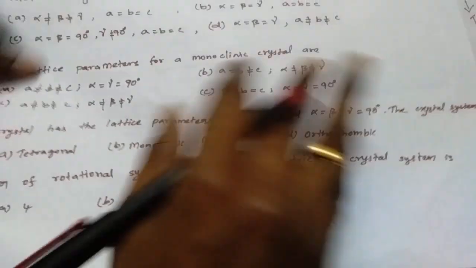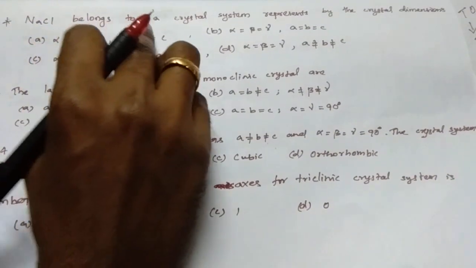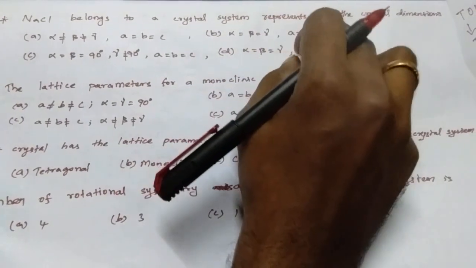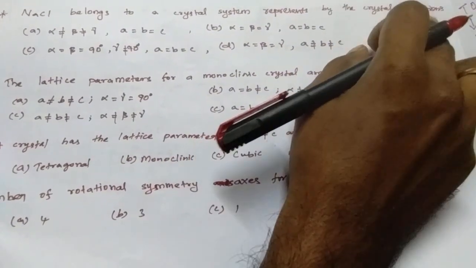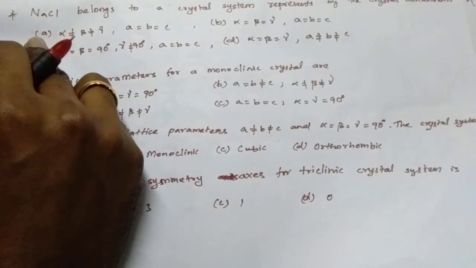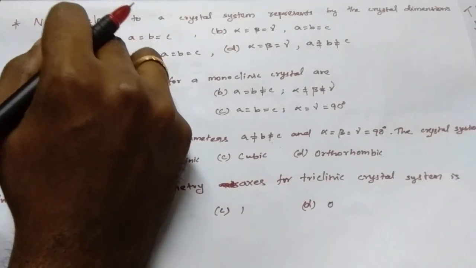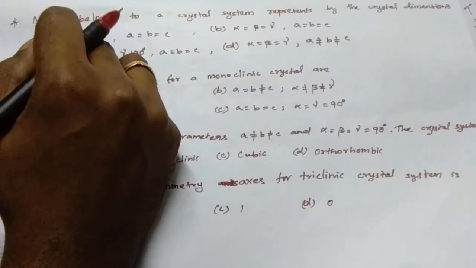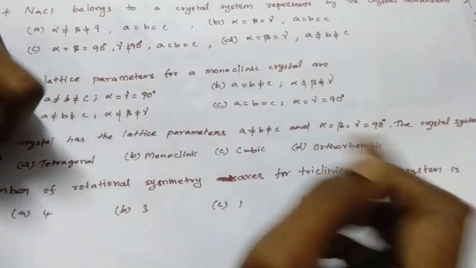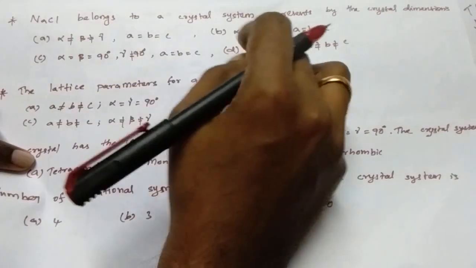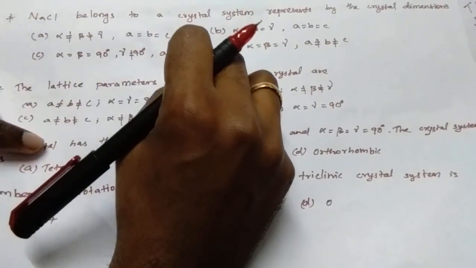First you can see: sodium chloride belongs to which crystal system, represented by the crystal dimensions. So here they ask one example, sodium chloride. Okay, so if you know the table we can answer the crystal parameter here.